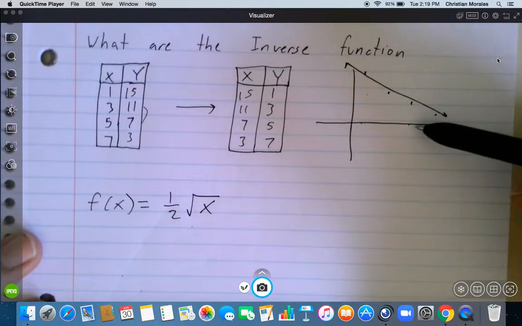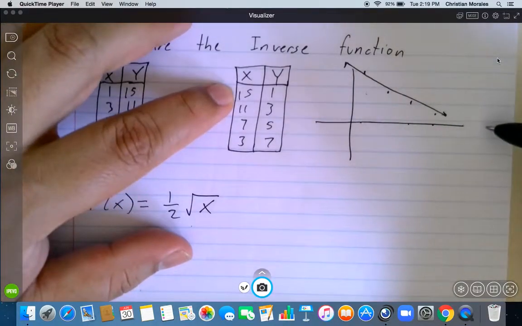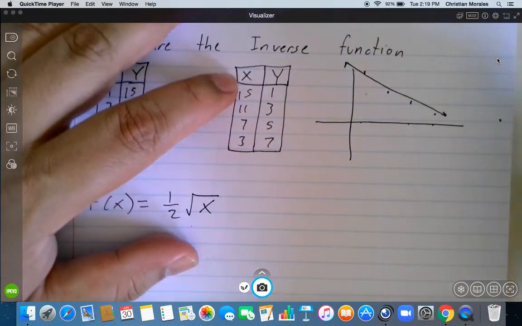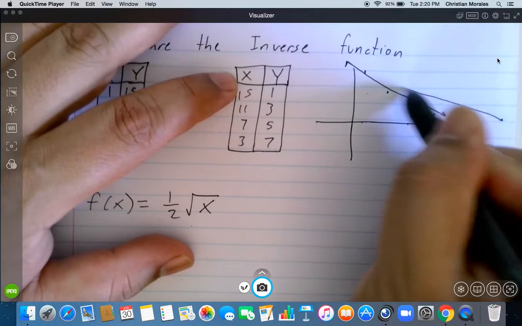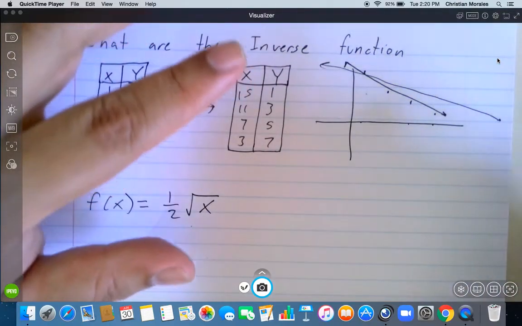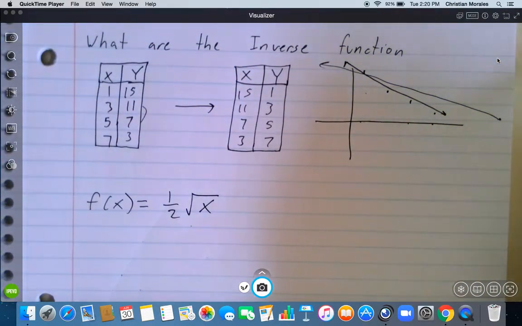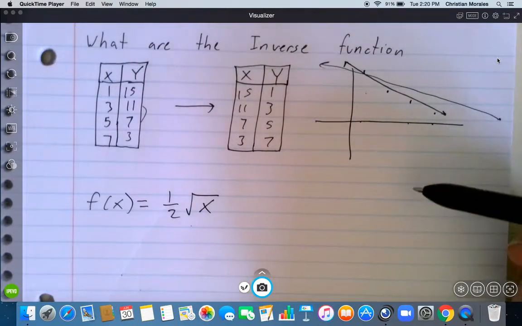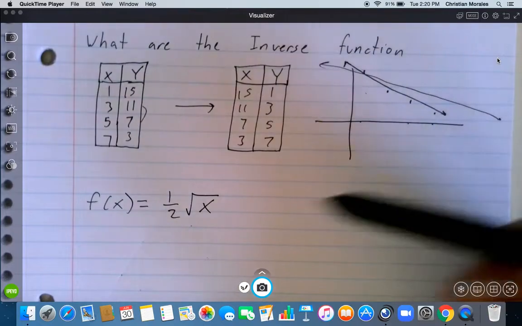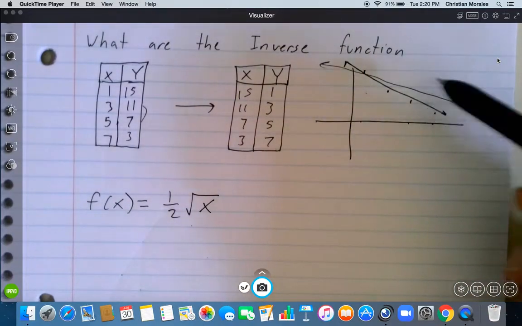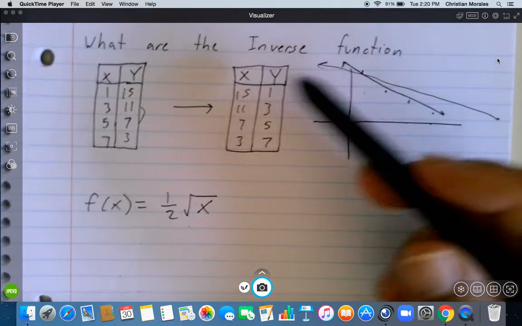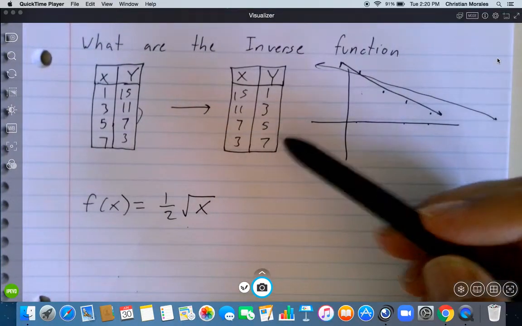And then you would get 15 is all the way down here. 15 is going to be somewhere over there. It's going to be a weird kind of line that flipped, okay? But if you graph them, you would get the inverse line, all right? Now, we're not going to focus much on the graphing because I think that's going to make it a little bit more complicated. Just focus on the inverse points, okay?